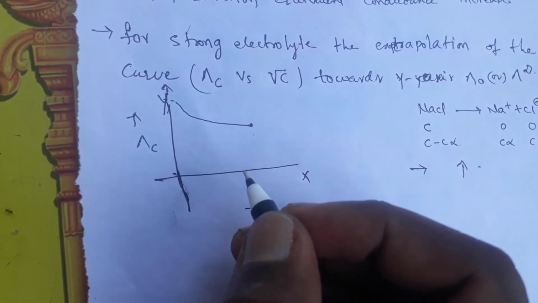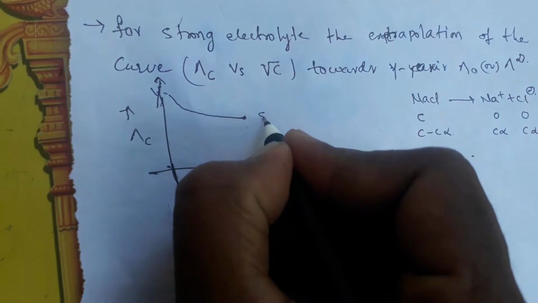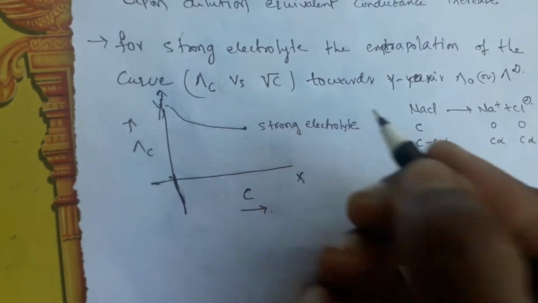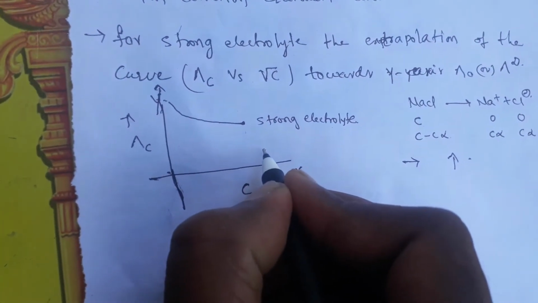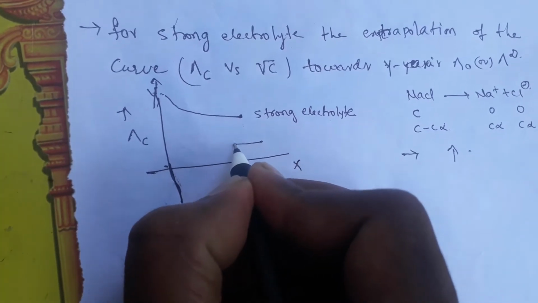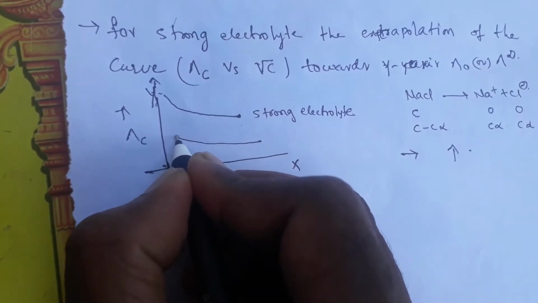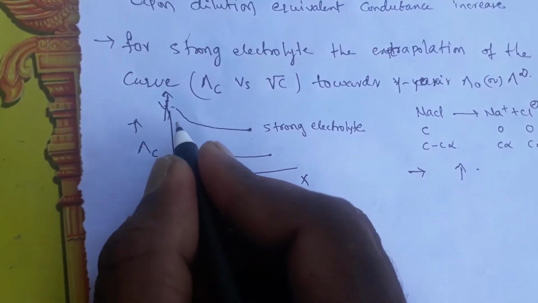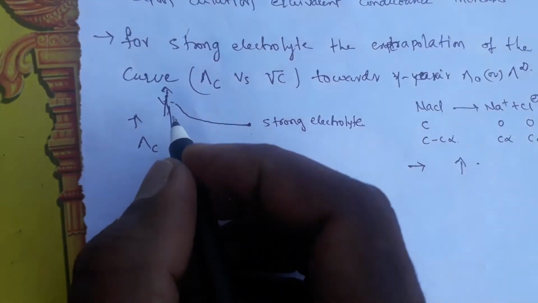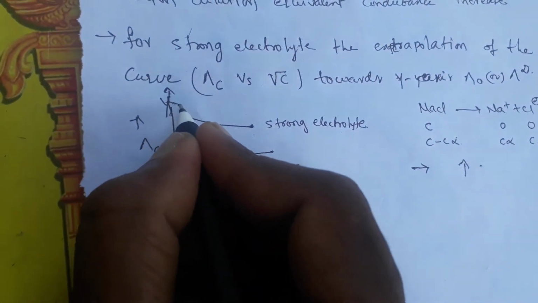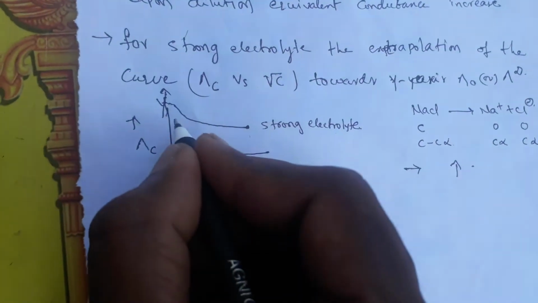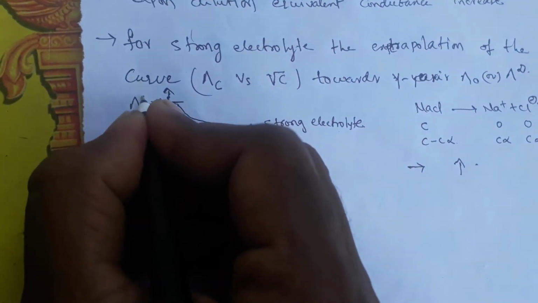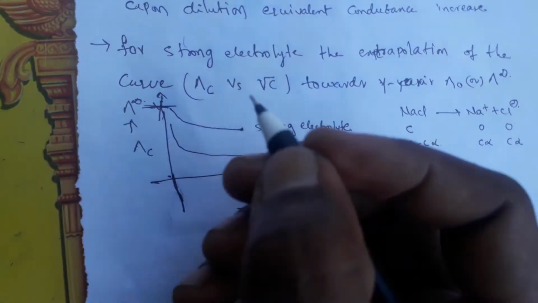This is for the strong electrolyte. For the weak electrolyte, conductance also increases upon diluting the solution, but we cannot draw a line, we cannot extrapolate this graph, because it cannot dissociate completely. This is the point we call infinite dilution, where infinite dilution takes place.